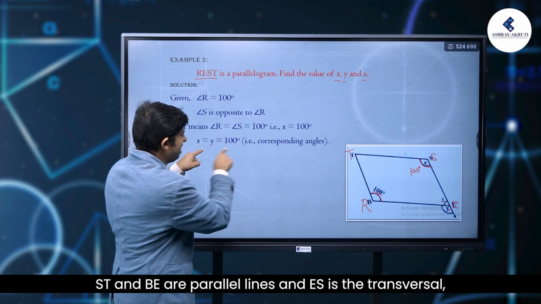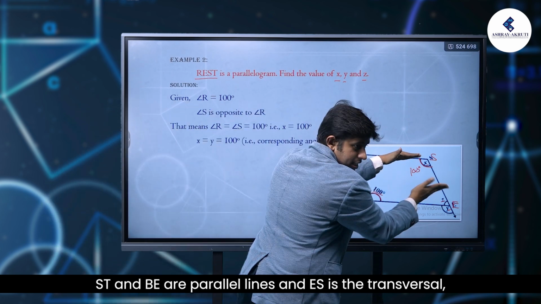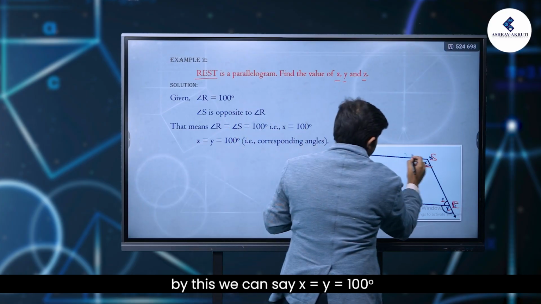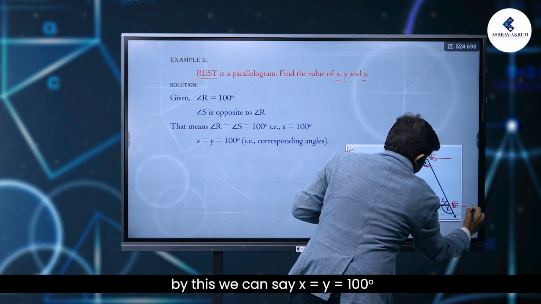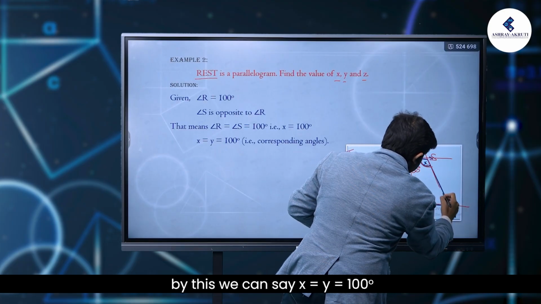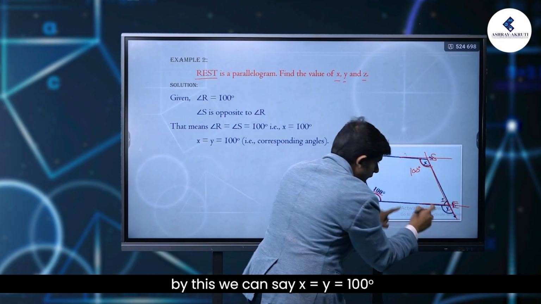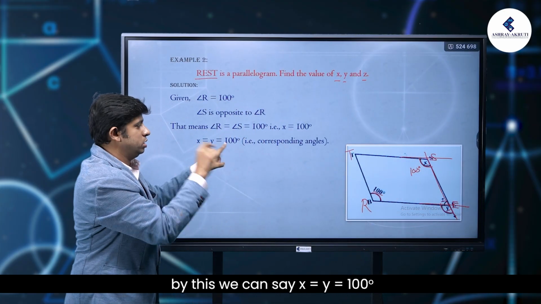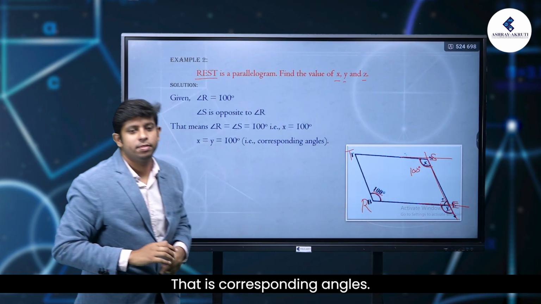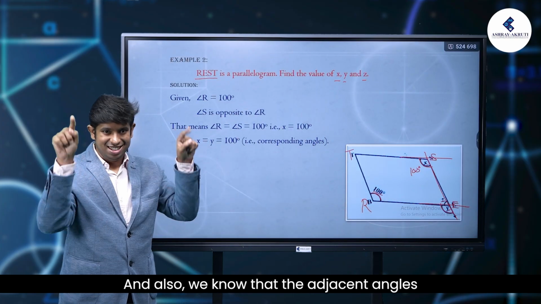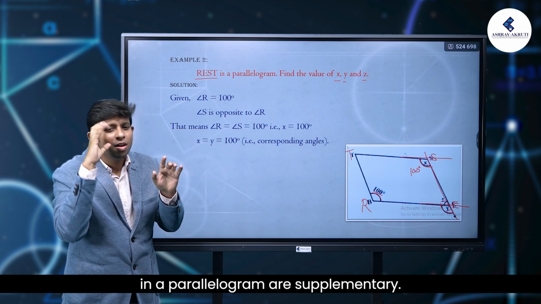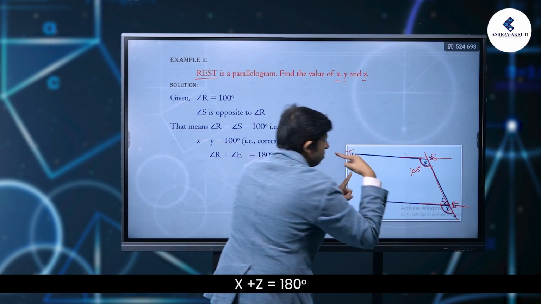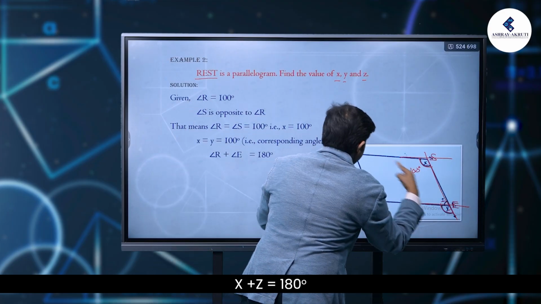And line ST and RE are parallel lines and ES is a transversal. By this we can say x equals y equals 100 degrees, that is corresponding angles. And also, we know that the adjacent angles in a parallelogram are supplementary. Angle R plus angle E is equal to 180 degrees.